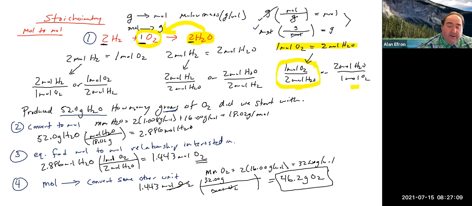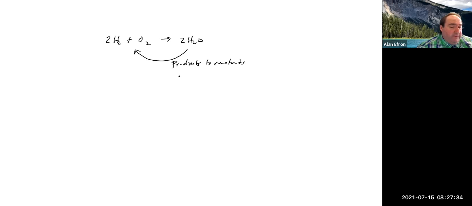And again, we went in terms of stoichiometry. For example, we'll look at this guy again: 2H2 plus O2. In the particular example I did before, we went from products to reactants in terms of the calculation, which is perfectly fine.